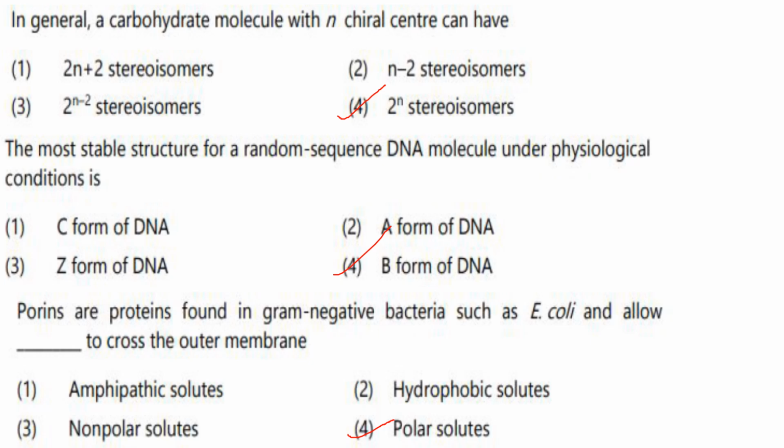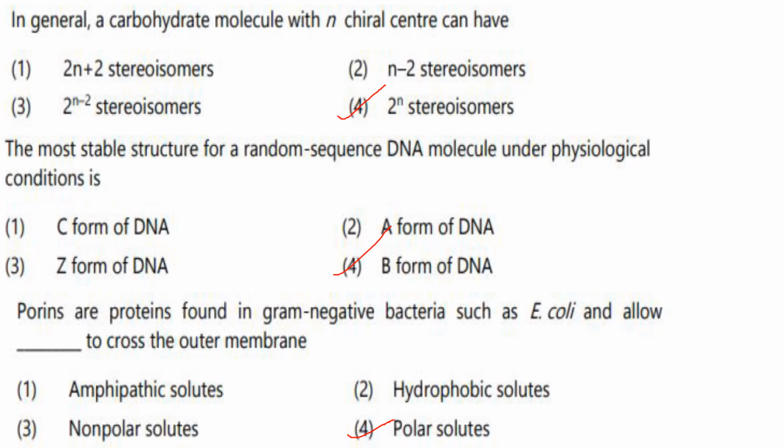So the answer here is option 4. Now A form occurs under dehydrating conditions and Z occurs under high salt or alternating purine pyrimidine sequences. So both A and Z forms are not under physiological condition. So the answer here is option 4, that is B form of DNA.